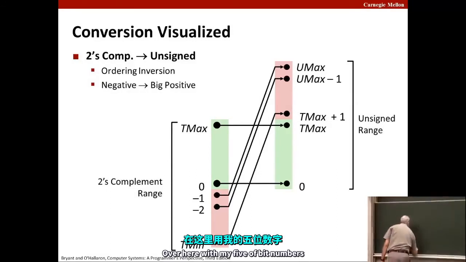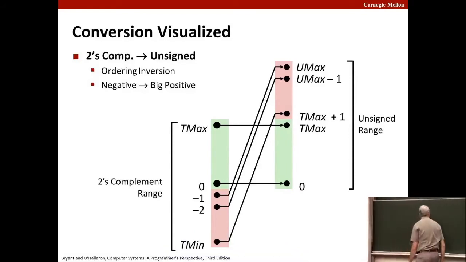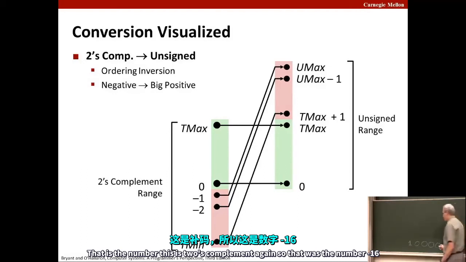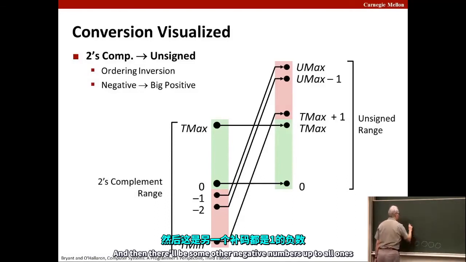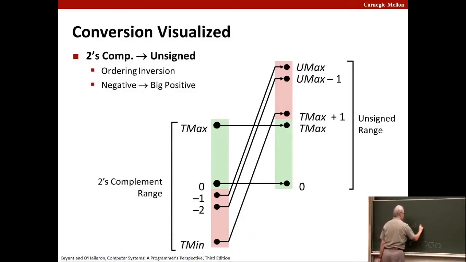Over here with my 5-bit numbers, this is 2's complement again, so that was the number -16. And then there'll be some other negative numbers up to all 1s.